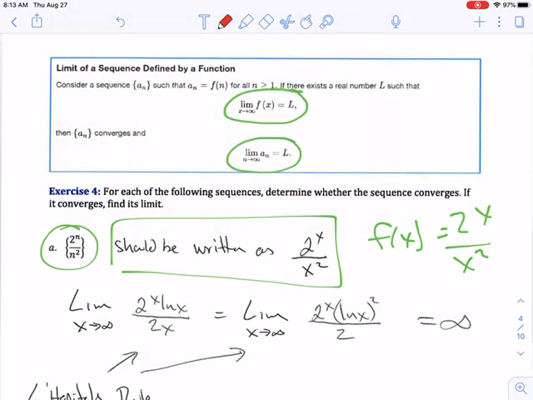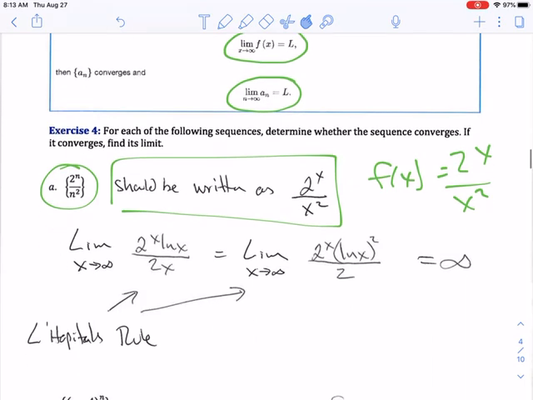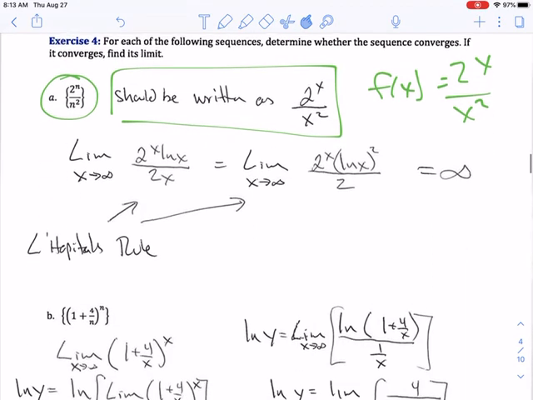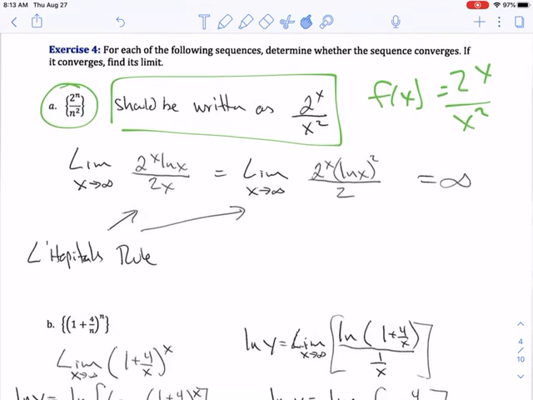If you remember L'Hopital's rule from Calc 1, to find the limit of a function, we can use L'Hopital's rule. So using L'Hopital's rule, remember we take the derivative of the numerator and the derivative of the denominator. The derivative of 2 to the x is 2 to the x log of 2. This is my second mistake in this problem.